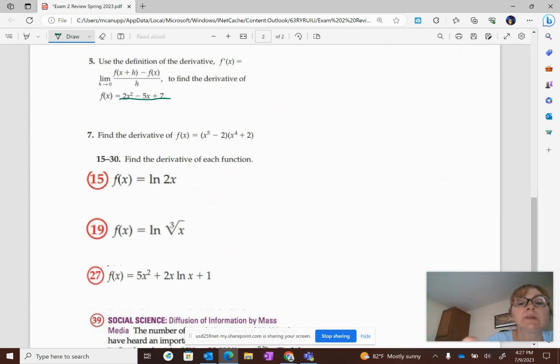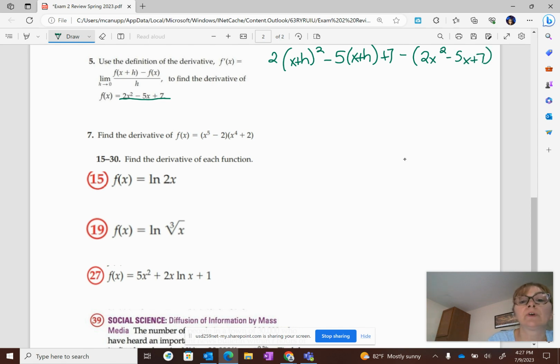This is what we're doing. We put 2x plus h squared. X, everywhere there's an x, I'm putting x plus h. Then I have to subtract the whole entire original function.